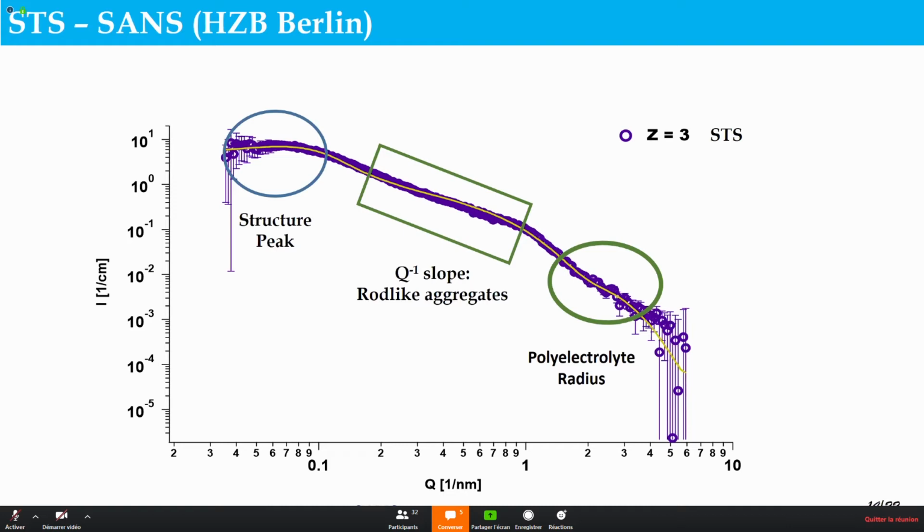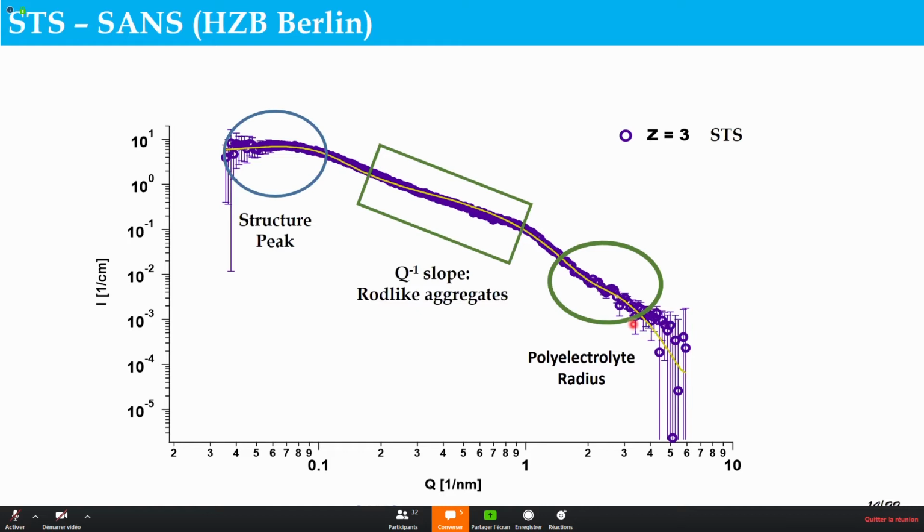We can have a look at the curve, and we can see that at a very low value of Q, we have the structure peak. In the middle Q, we have the Q^-1 slope that is related to the shape of our rod-like aggregates. And here, at a very high Q, we have basically the contribution of the free polyelectrolyte in solution.